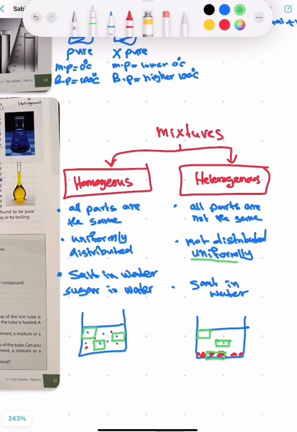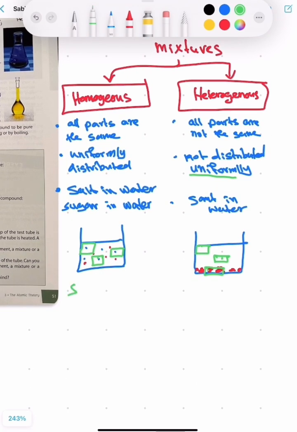Something about mixtures is that you can separate them. For example, salt in water. Can you separate salt alone and water alone? Yes, by using, let's say, distillation, or we can use crystallization. Look, we can use methods to separate them. But for water, the compound, you cannot do that.